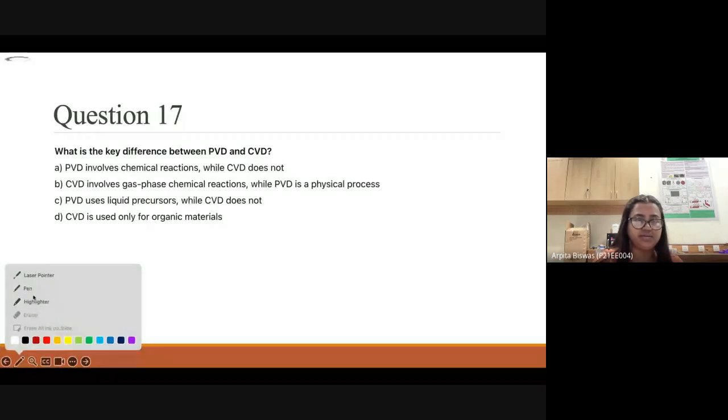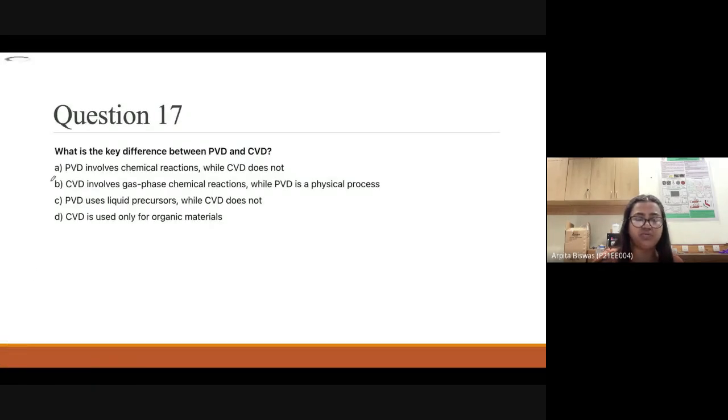But not only in gaseous form, also in powder form the precursor is present in the CVD. It depends on which technique you are using. Like in LPCVD, you can use the gaseous phase precursor. In atmospheric pressure chemical vapor deposition, you can use the precursor in powder form. And there are different types like plasma enhanced processes, the low temperature CVD techniques.